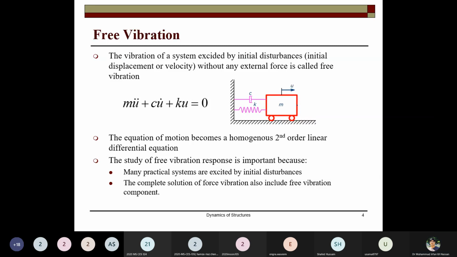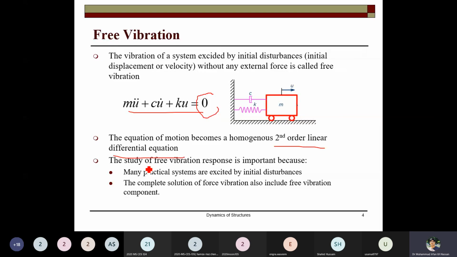Previously we developed the equation of motion, and here you can see that the force is equal to 0, so the equation of motion becomes a homogeneous second order linear differential equation. So in case of free vibration, this will be the equation of motion, where the force is equal to 0.